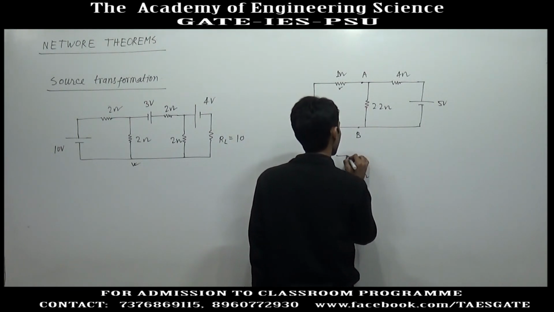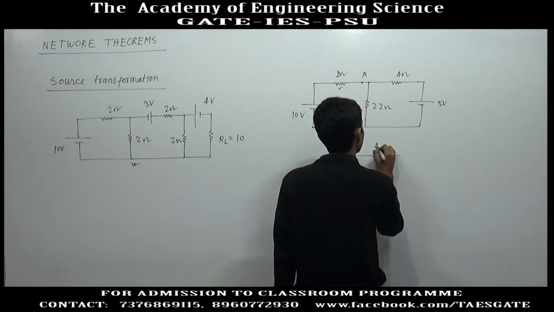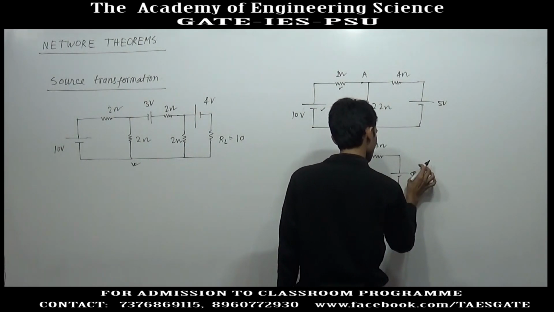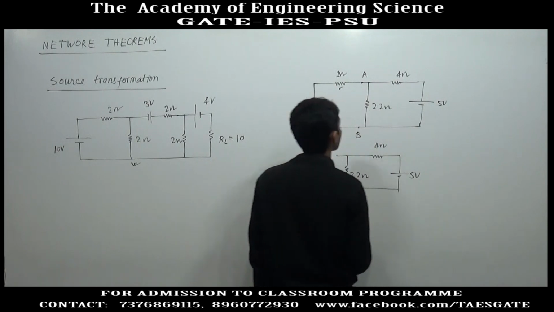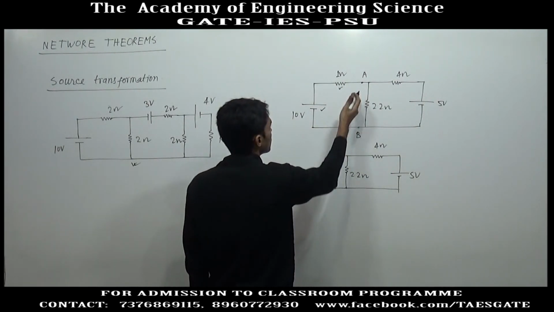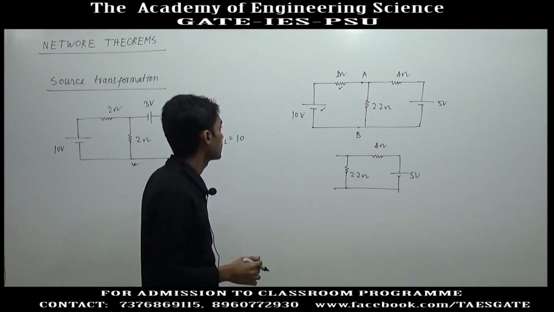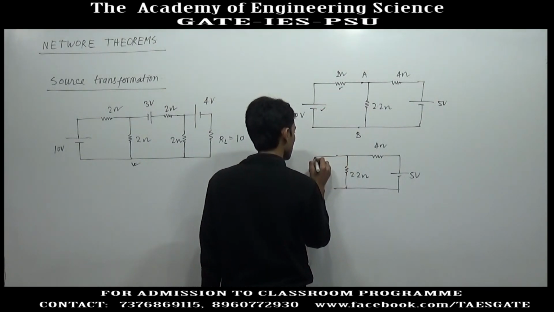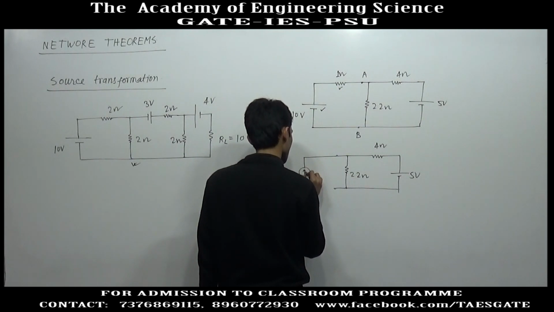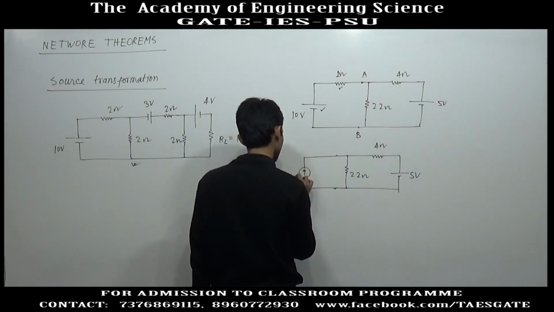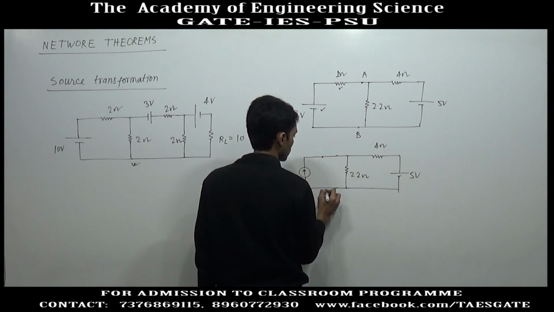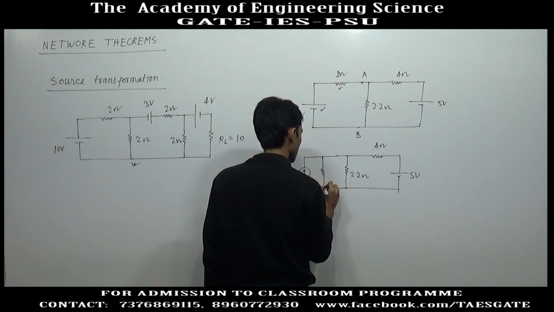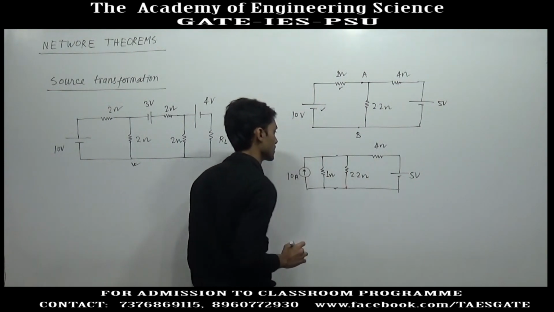2.2 ohm, this is 4 ohm, this is 5 volt. Now here we will have a current source, and the value of current source will be 10 divided by 1, that will be 10 ampere, and the same value of resistance, but not the same resistance. The same value of resistance will be connected here.